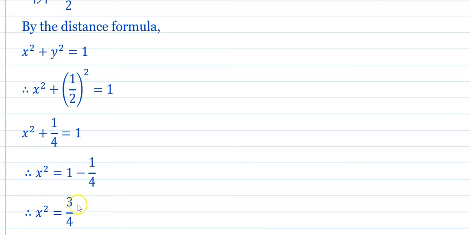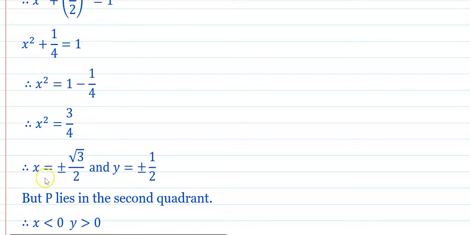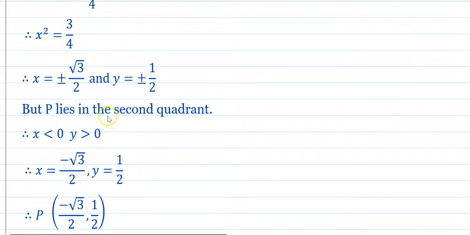If we simplify, then you will get x square is equal to 3 by 4. Take the square root. x is equal to plus or minus root 3 by 2. y is equal to plus or minus 1 upon 2. P lies in the second quadrant. x is negative, y is positive. Therefore, x is equal to minus root 3 by 2, and y is equal to 1 upon 2.